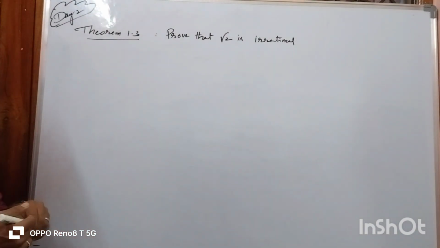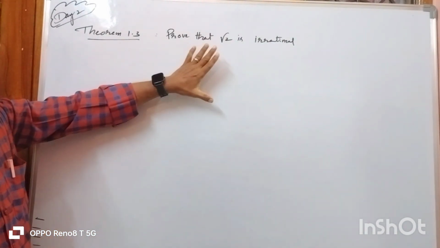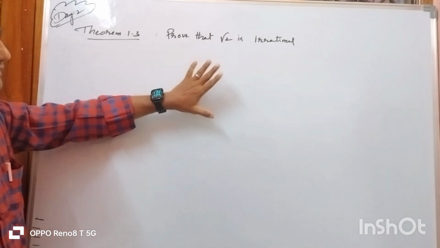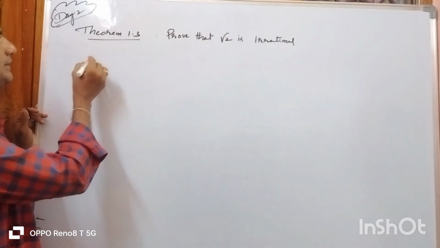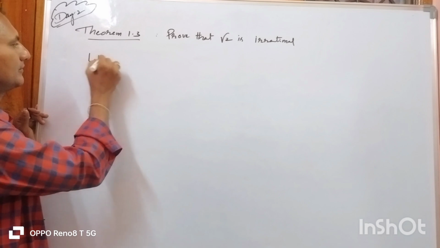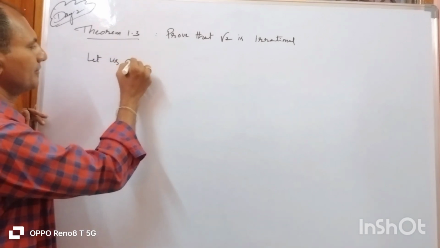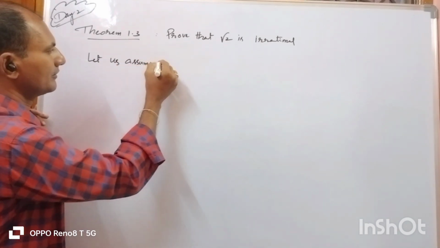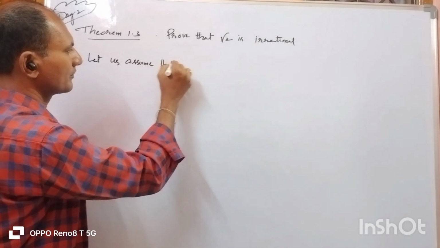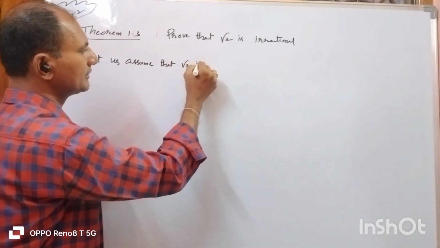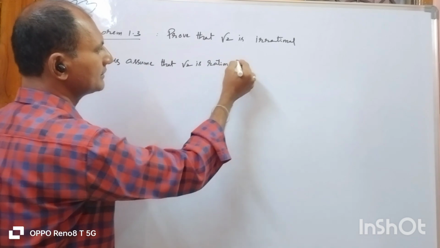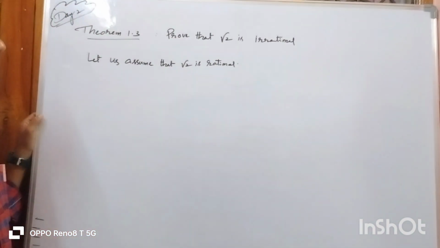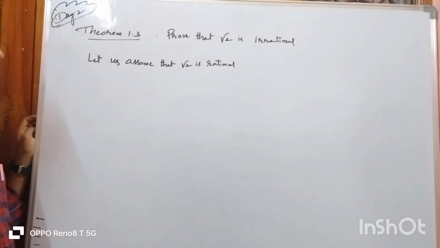Listen carefully. First step: let us assume that root 2 is rational. Rational means, what is the rational definition?